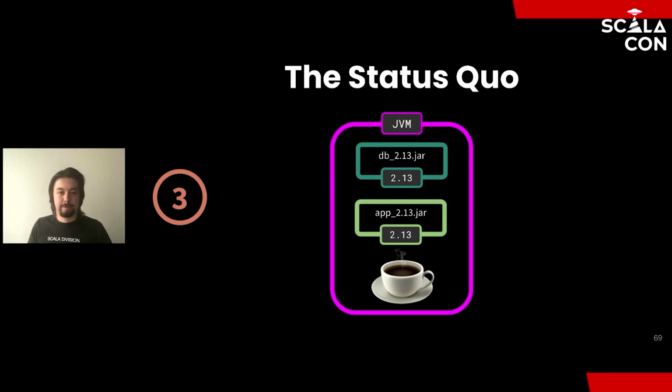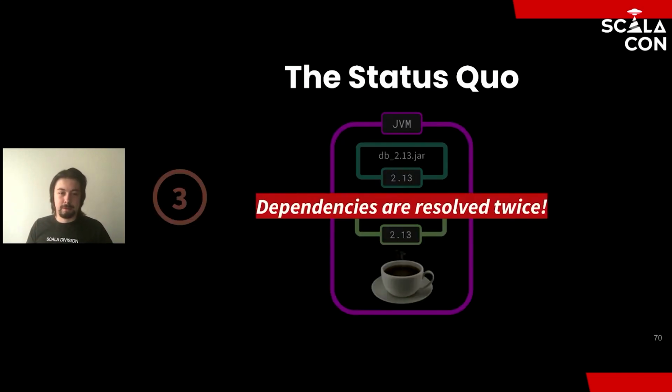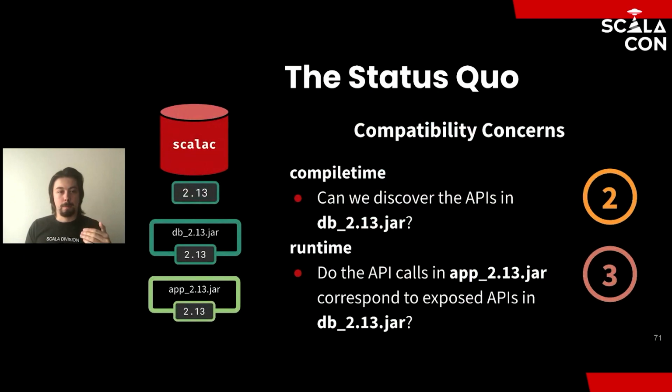So what's going on here? There are basically two stages where we have to resolve dependencies, which are when we are compiling the code and then when we are running the code. When we are compiling the code and we add the database jar to our compiler class path, we're asking the question, can we discover any APIs in the database 2.13 jar? And if we do discover any APIs in that jar, then we can use them to compile the app.